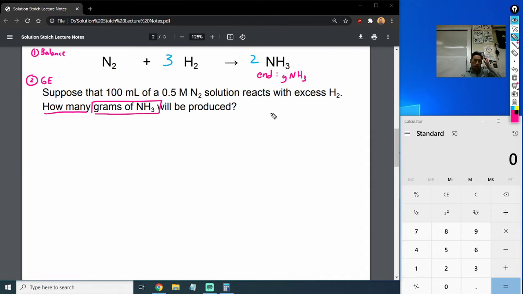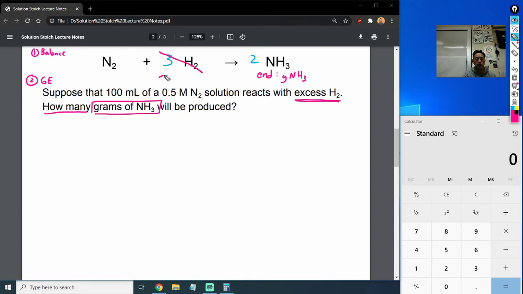Our starting number is usually the one that we have numbers for or is not excess. So here we have two options. We could either start with N2 or H2, but if you remember, we have excess H2. If we have excess, that means we have so much we don't need to worry about it for our calculations.